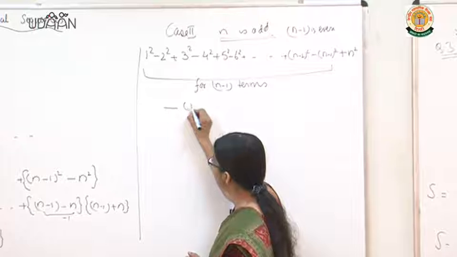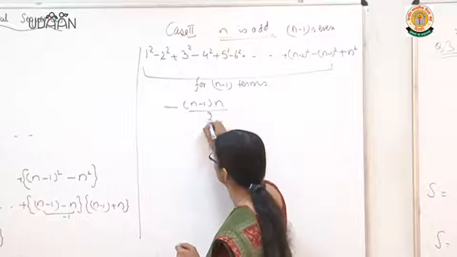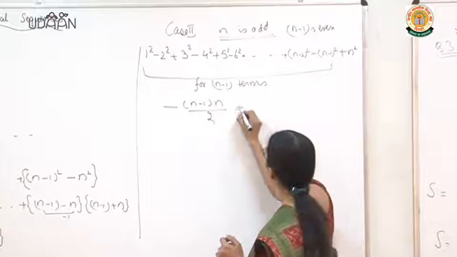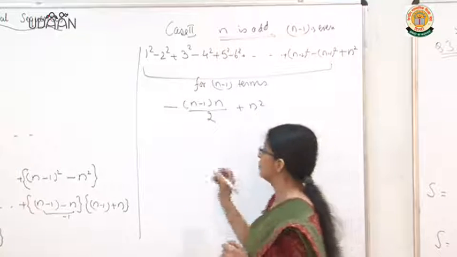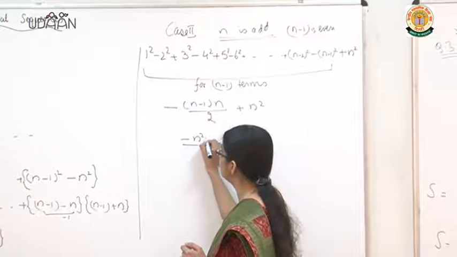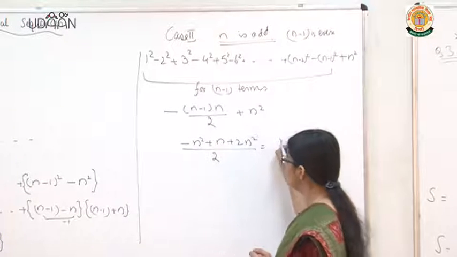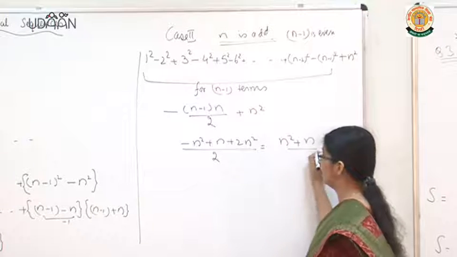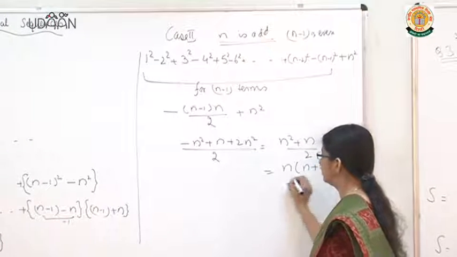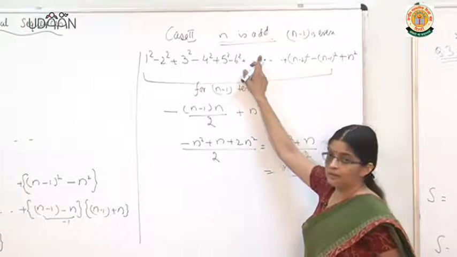So it becomes minus n minus 1 into n divided by 2 for this collection, plus we have n square. Only simplification is left. 2 is the LCM: minus n square plus n plus 2n square, which simplifies to n square plus n divided by 2, or n into n plus 1 divided by 2, when n is odd.